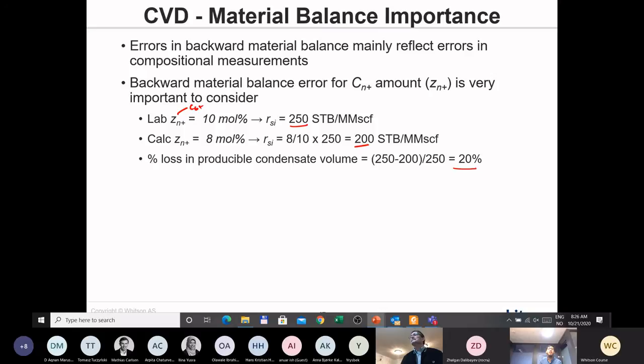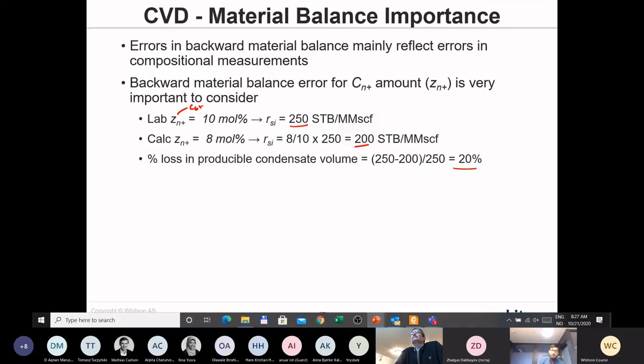When we were removing these high pressure gases from the CVD experiment, and we will see how the compositions are measured, some of the condensate was dropped in, for example, pipelines and lost, and the C6 plus content in your removed gas volumes was measured less compared to the lab data.